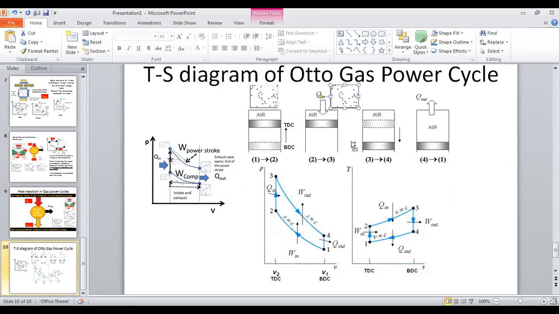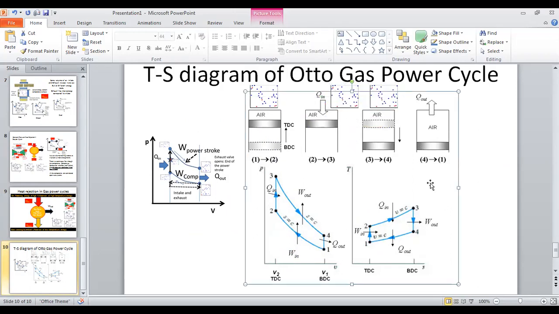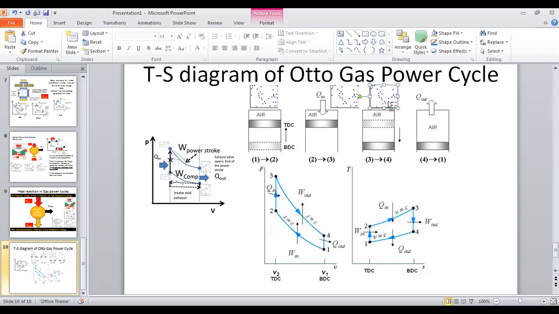Keep it in mind. Energy addition to this working fluid, or we call it gas power here. So when this working fluid receives energy, okay, the entropy level increases.